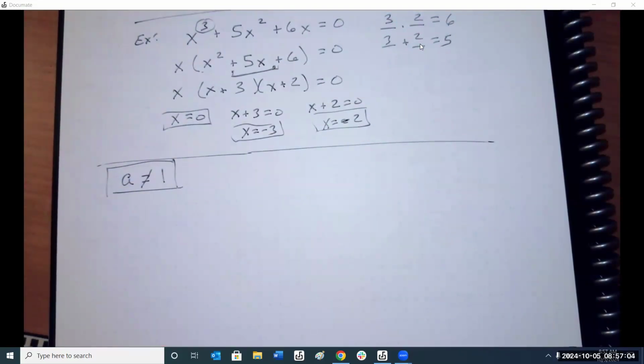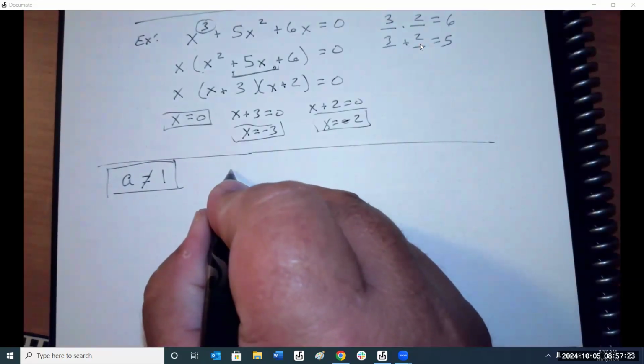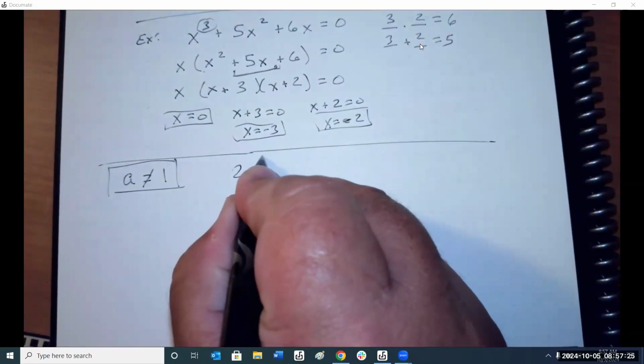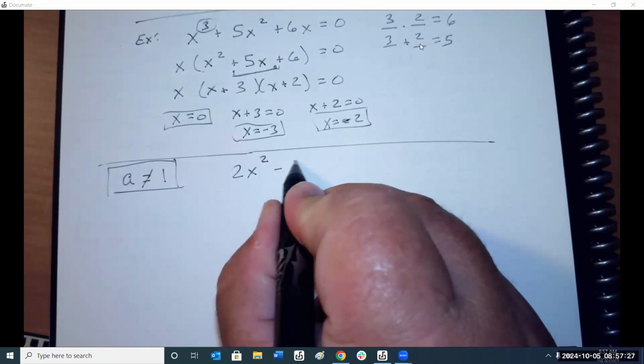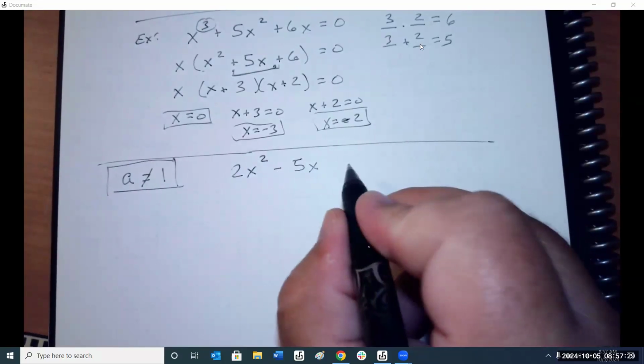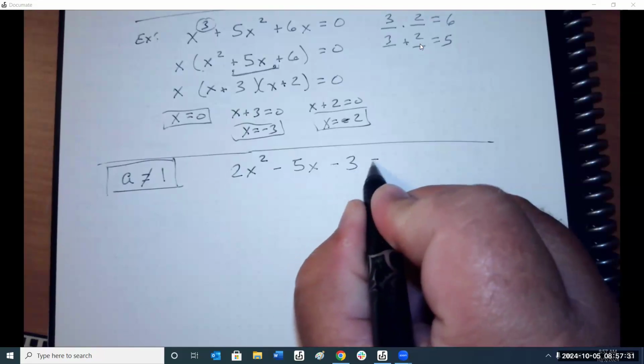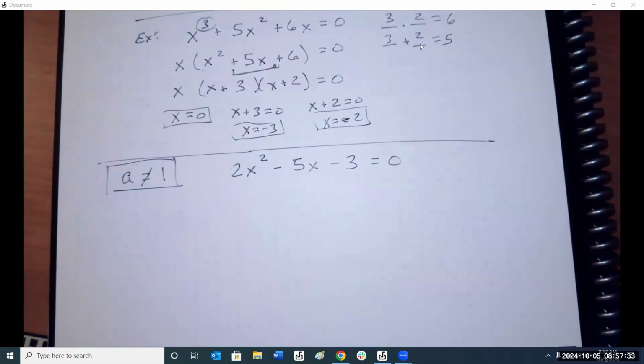A does not equal 1, that opens a whole can of worms, because now the procedure changes and it becomes a little bit more complex because now we have more steps to involve. For example, what if I had 2x squared minus 5x minus 3 equals 0?